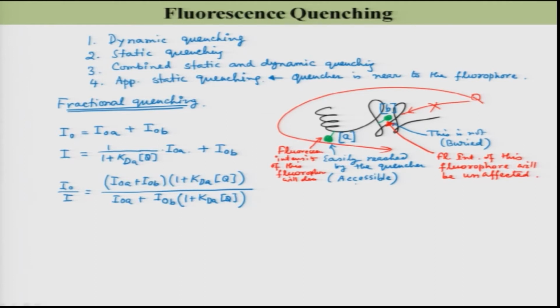Now, what I intend to do is plot I 0 by I versus Q. Obviously, this is a complicated thing, and if you plot this I 0 by I versus Q, let me plot it somewhere here. This is my I 0 by I versus Q. What you will see is that the curve will look something like this.